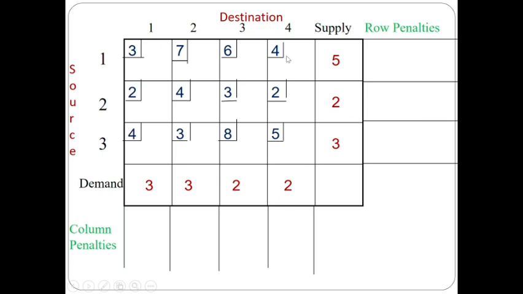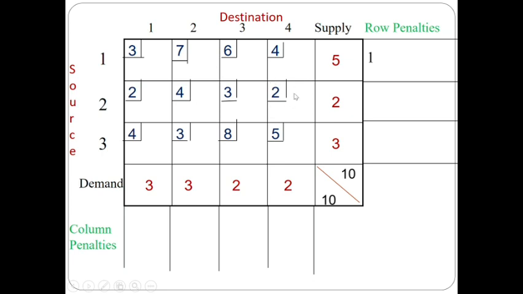So we have to find out the difference between the lowest cell and the next lowest in the remaining, and calculate the difference. So it is 3 minus 4 which is 1. The same way calculate the penalty or the difference for the second row.